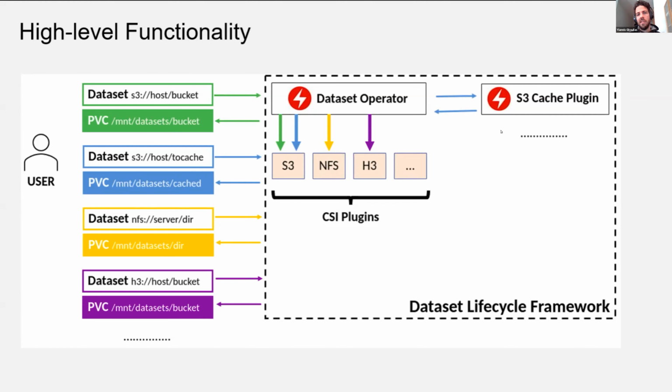So basically, in the case where there is a caching plugin available for S3, it gets invoked, and then the user works with the cached version of the dataset without even realizing that they're accessing a cached version of that bucket. So imagine that you can build all sorts of functionalities on top of that.